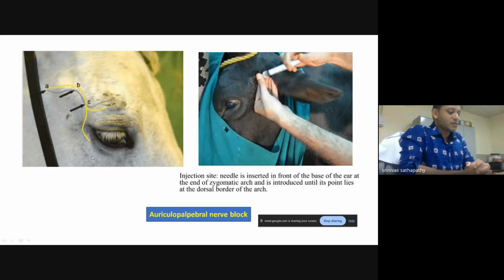So these are some of the nerve blocks which can be correlated with the different branches of the cranial nerves innervating the eye, whether it is the 4-point nerve block, Peterson's nerve block, retrobulbar nerve block, or auriculopalpebral nerve block. All these nerve blocks are very important.